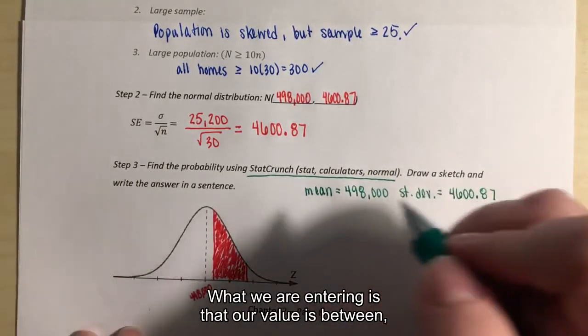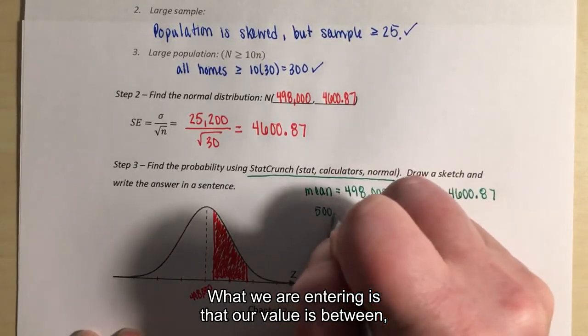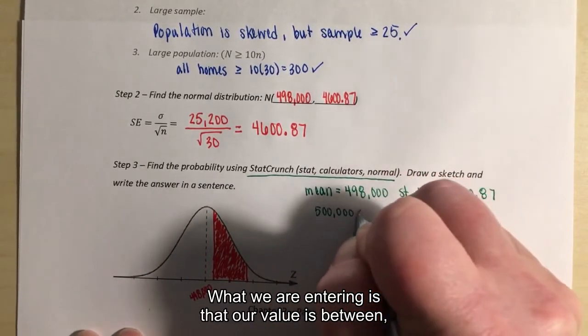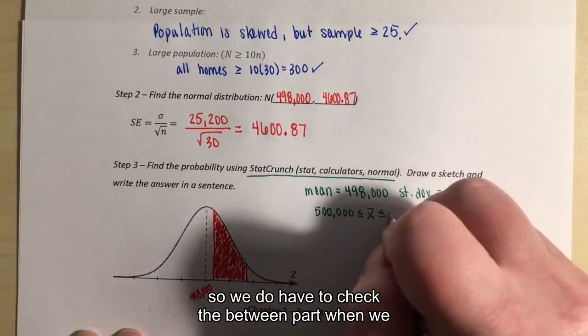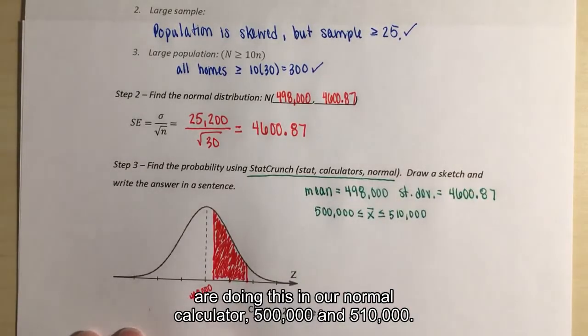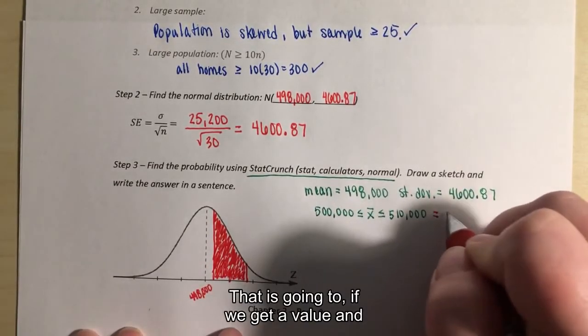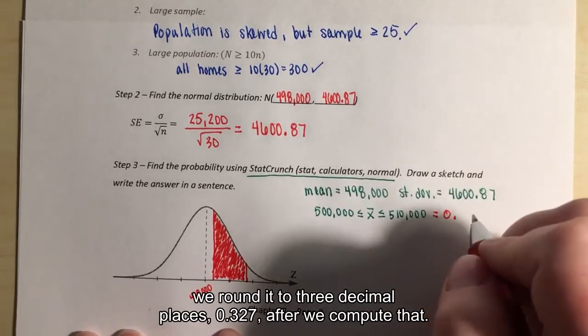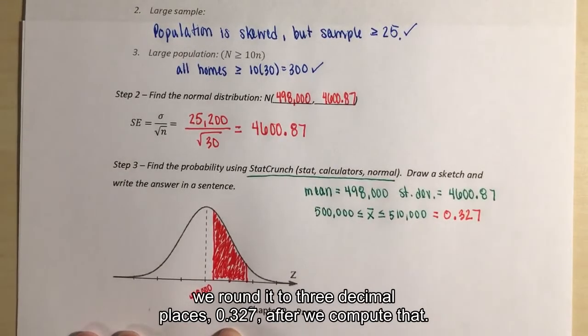And what we are entering in is that our value is between, so we do have to check the between part when we're doing this in our normal calculator, 500,000 and 510,000, and if we round the value to 3 decimal places, 0.327 after we compute that.